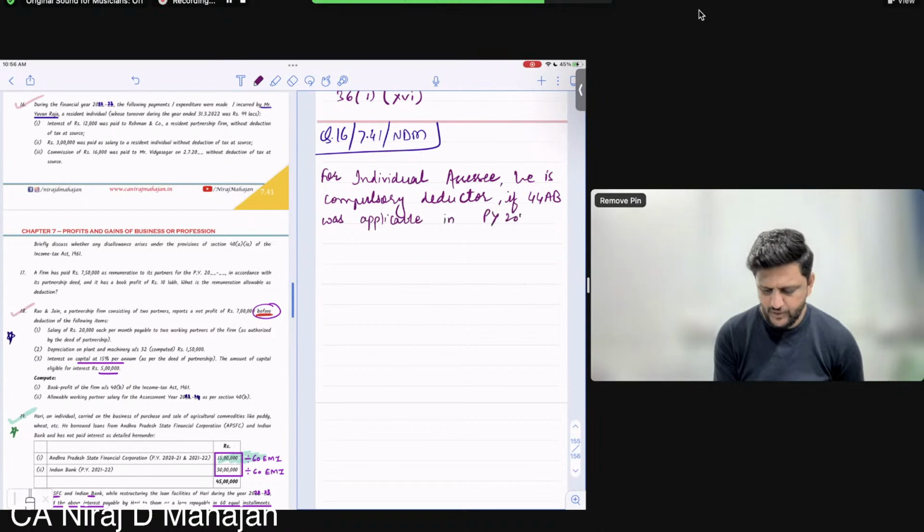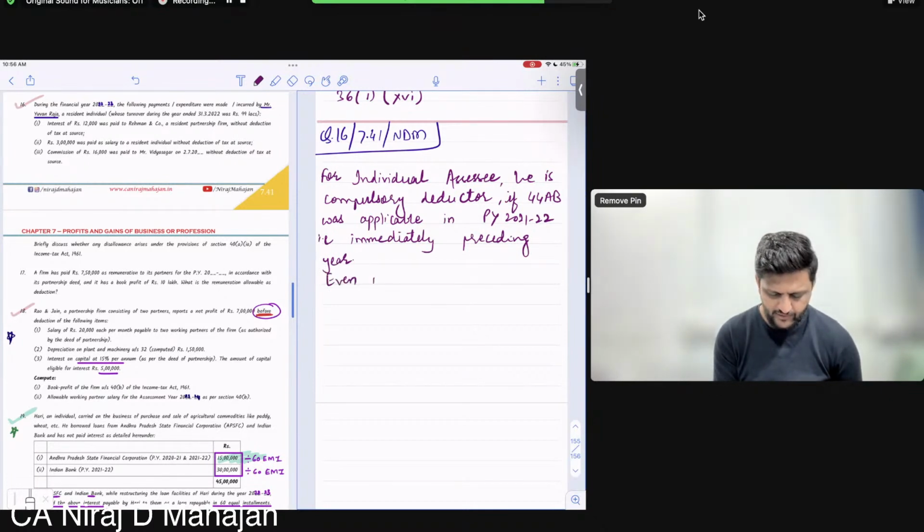In PY 21-22, that is the immediately preceding year. Full stop.